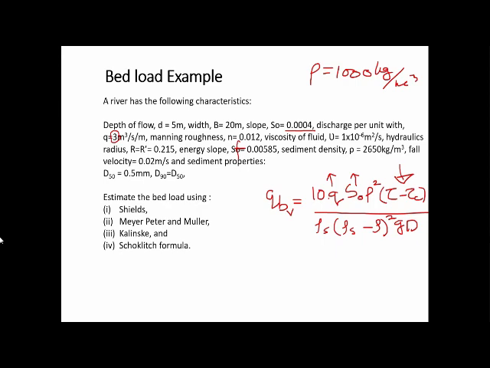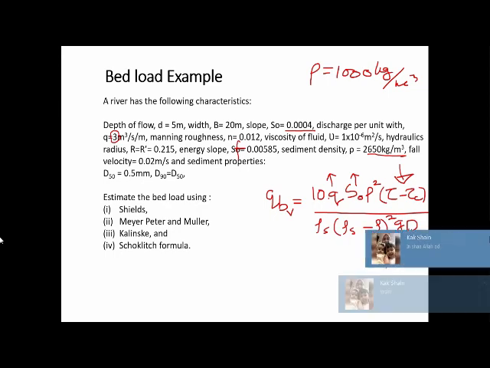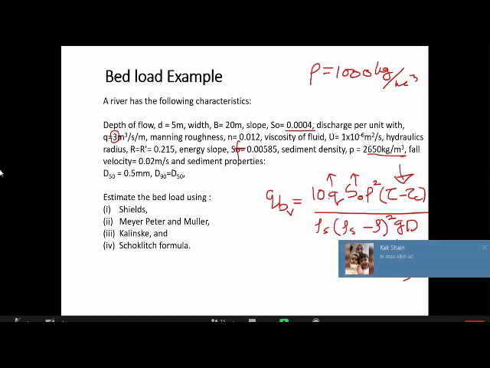And then the sediment density is given here, 2,650 kilogram per meter cubed. G is your gravity, which is 9.81 meter per second squared.